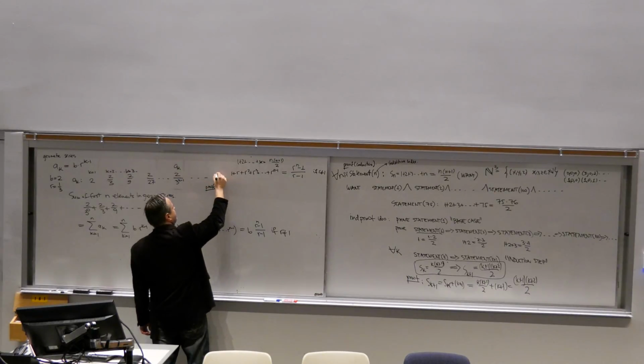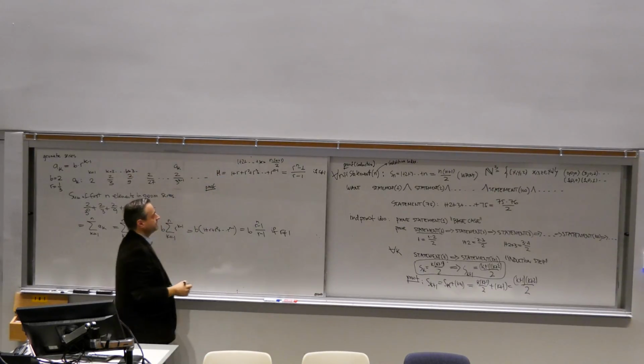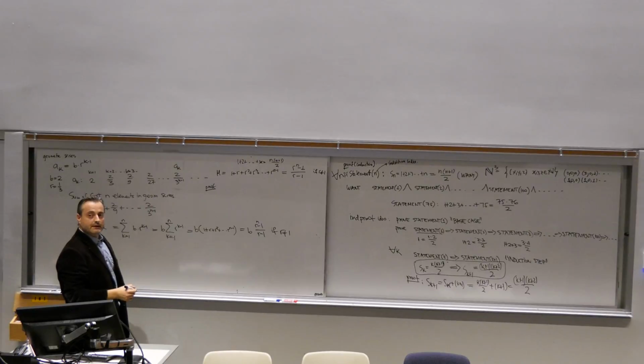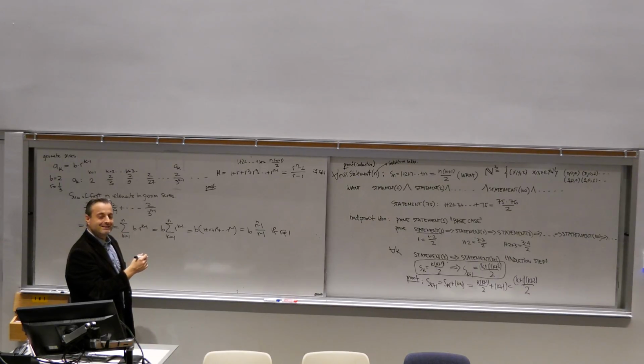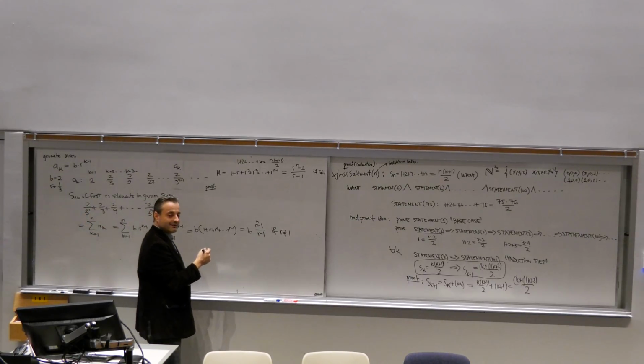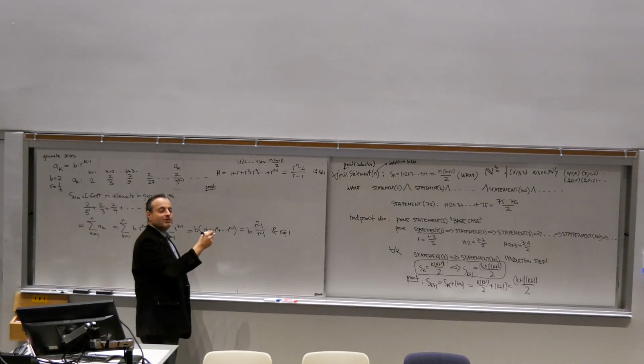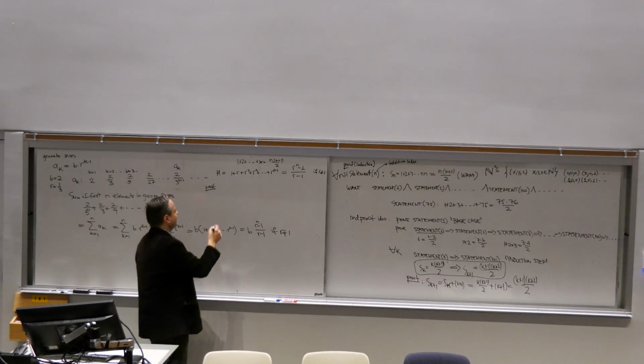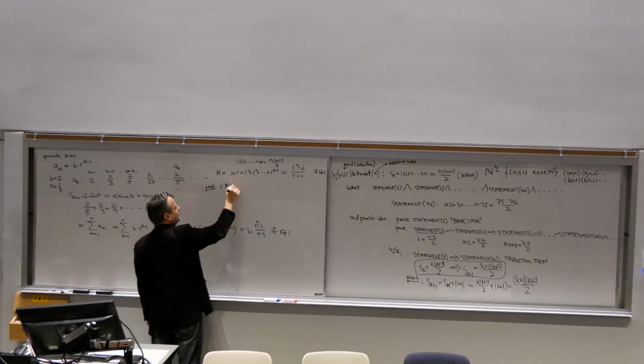Let's call this whole thing M. Right? Anybody knows the proof of this? The inductive one or the other one? The other one. Yeah, so you multiply M by r. I do r times M. What do I get?